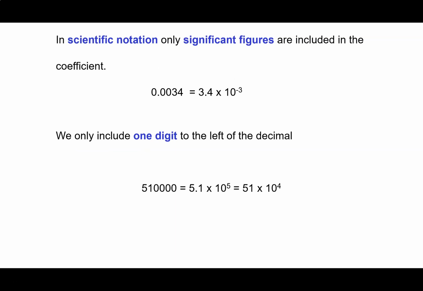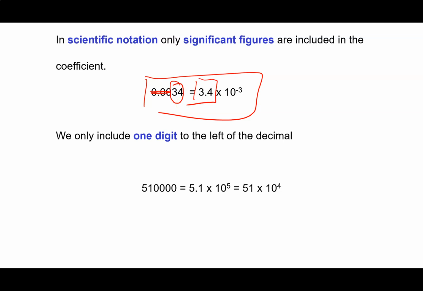Something to keep in mind about scientific notation is that we only include significant figures in the coefficient. If I look at this number here, you'll see that there are 3 leading zeros that are not significant. The only digits that are significant are the 3 and the 4. So when I convert this number to scientific notation, I only include the 3 and the 4 in my coefficient.